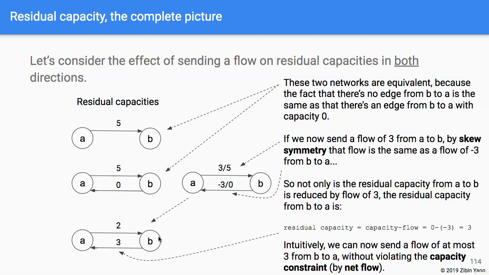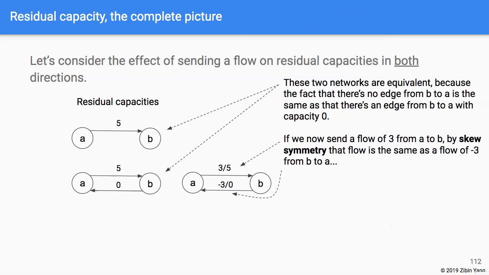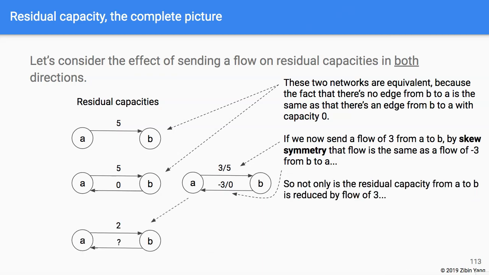So we actually added residual capacities going from B to A when we send a flow from A to B, which means not only are we reducing the edge from A to B by that flow, so the residual capacity of that edge is now 2, which is 5 minus 3.